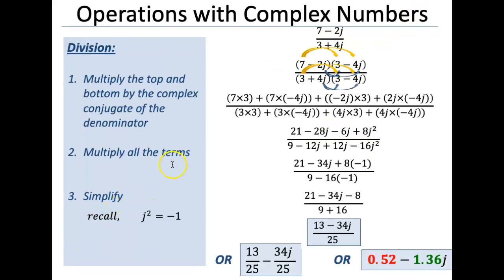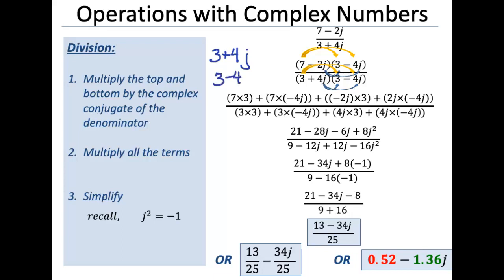Now, to divide with complex numbers, we've got to use something that's called a conjugate. And notice up here in this particular problem, 3 plus 4j is what we're given. Well, the conjugate of 3 plus 4j is 3 minus 4j.